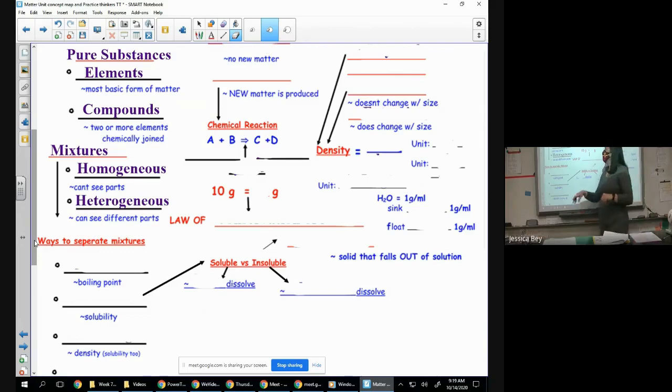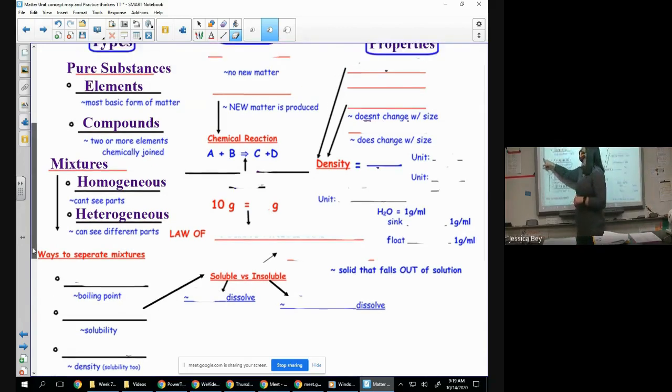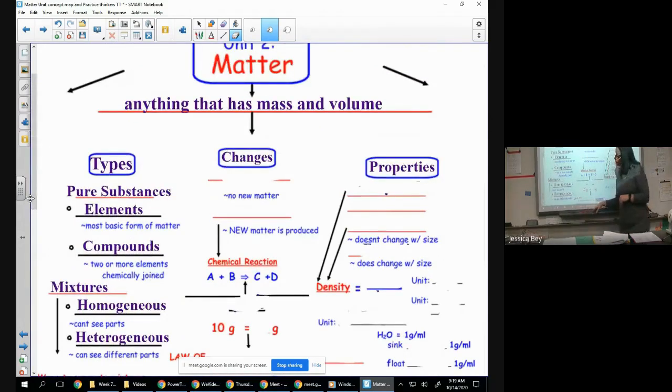Awesome. Another thing that we started with at the beginning of the unit is we talked about changes. If you have a physical change, you will not make any new matter. You are just changing size, shape, texture, temperature, stuff like that.